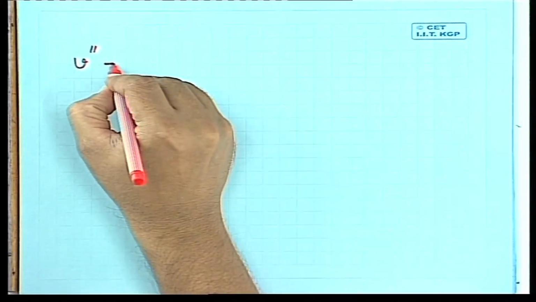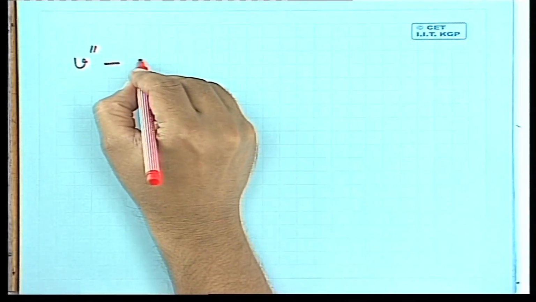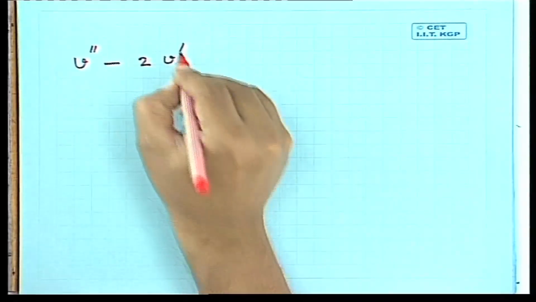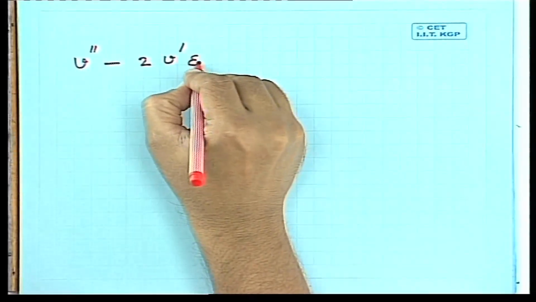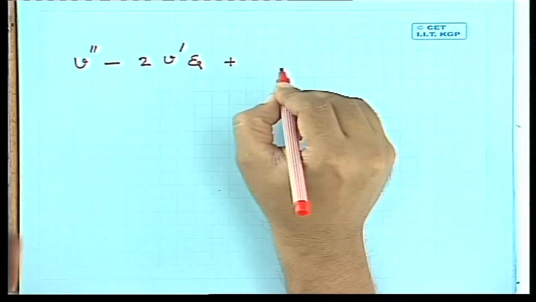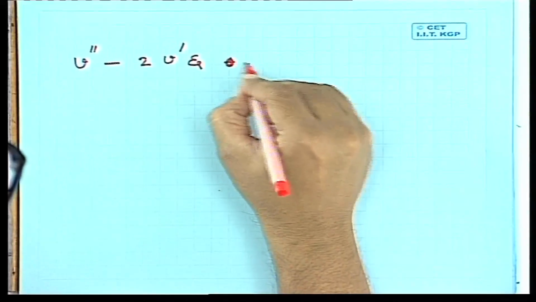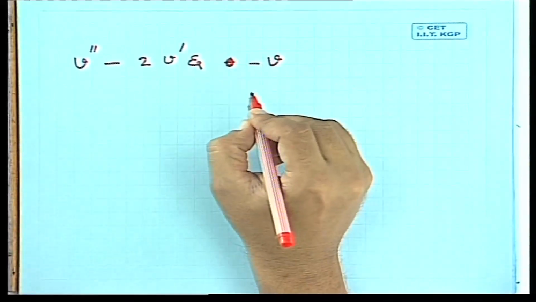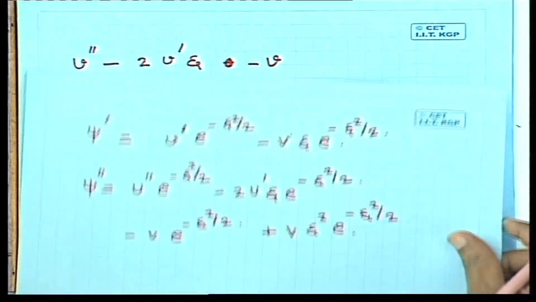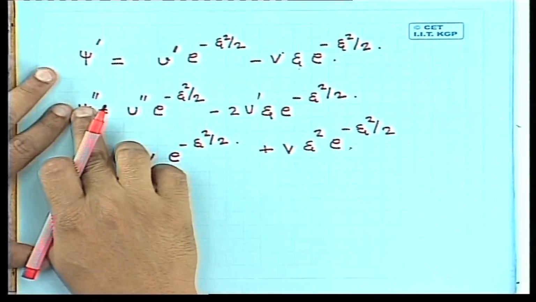What we are left with is v double prime minus 2 v prime xi plus, or rather minus v. This is what arises from psi double prime.